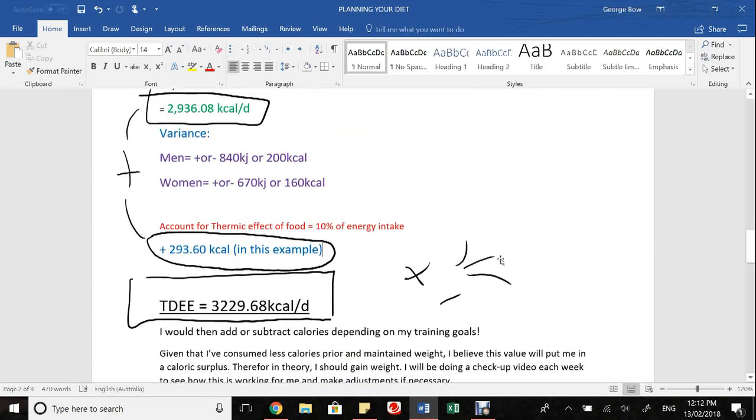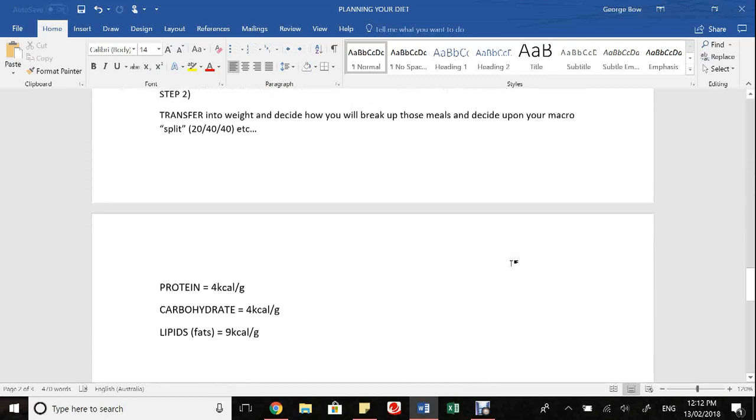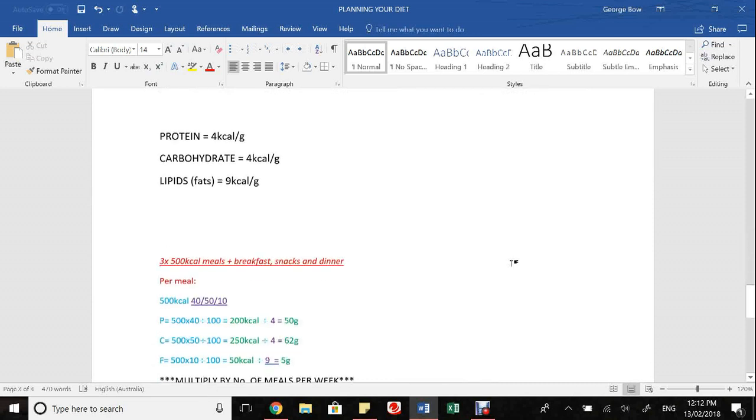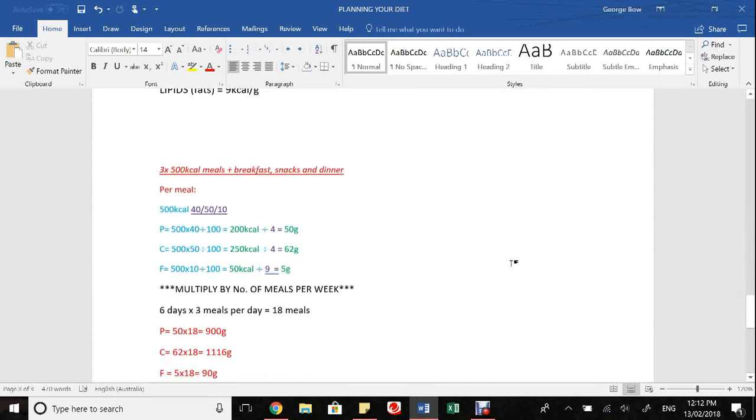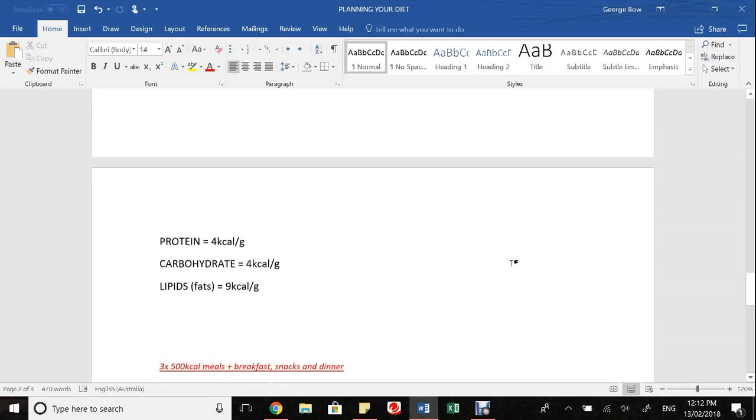But moving on to the next step, we have to now take this caloric estimate, our total daily energy expenditure, and turn that into a split, our foundation for our diet. So remember that when we're calculating macronutrients, so these are our macronutrients, protein, carbohydrates, and fats or lipids, they each have a calorie per gram amount.